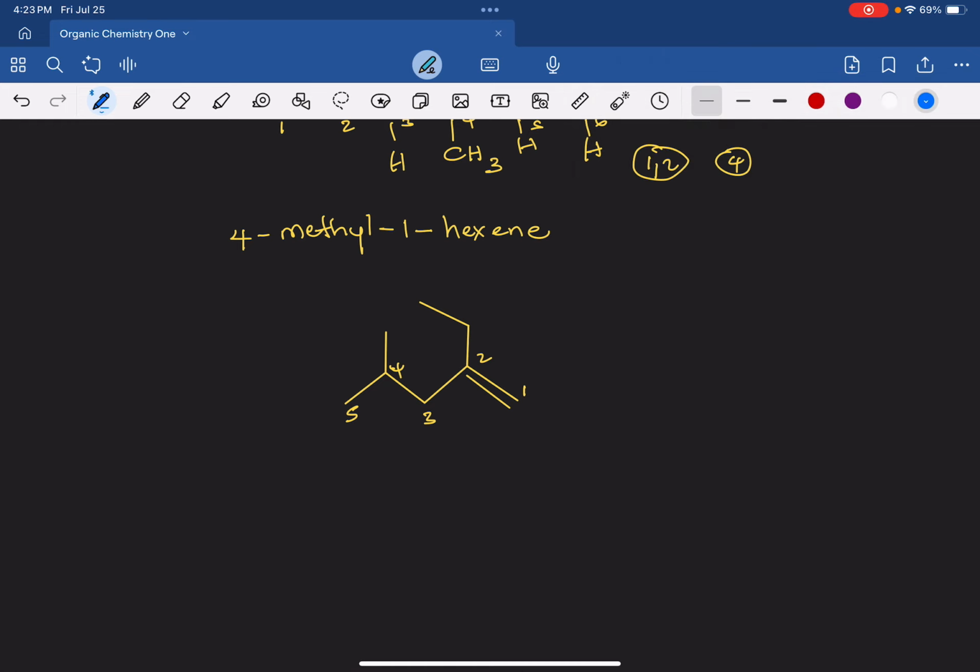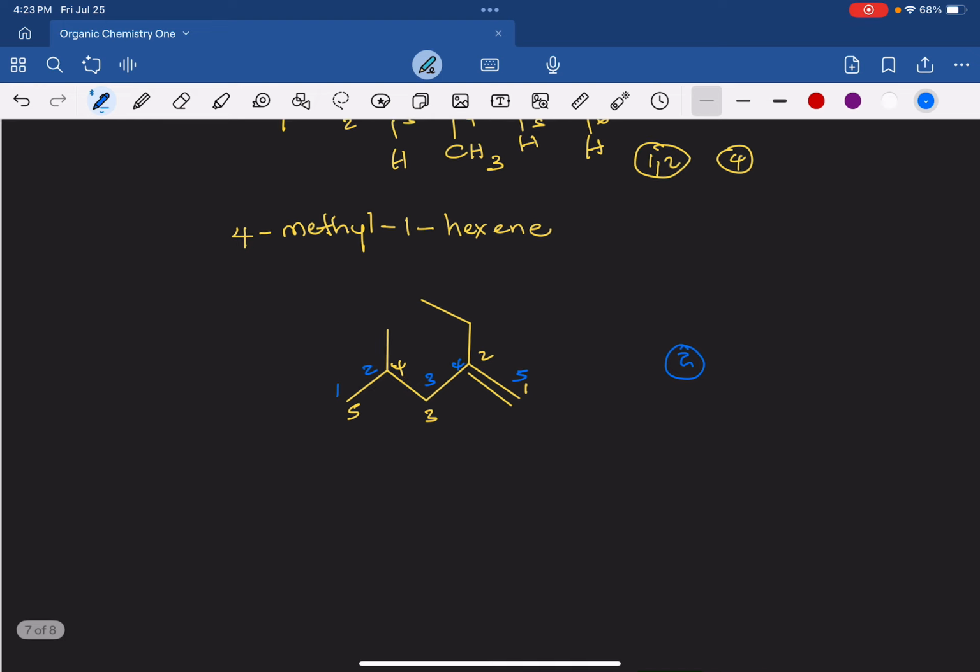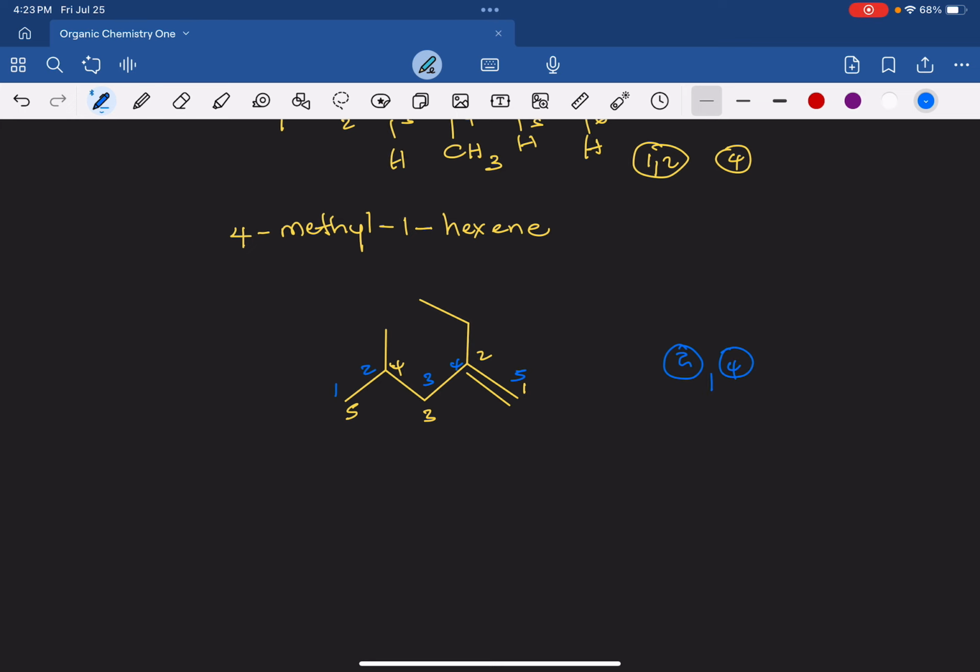If you number in the opposite direction, you'll be satisfying the substituent having the lower number, which is not the rule for your alkenes. With your blue numbers, methyl would be on 2, your ethyl would be on 4, but look at where your double bond is. Your double bond is 4, 5, so it's a no.